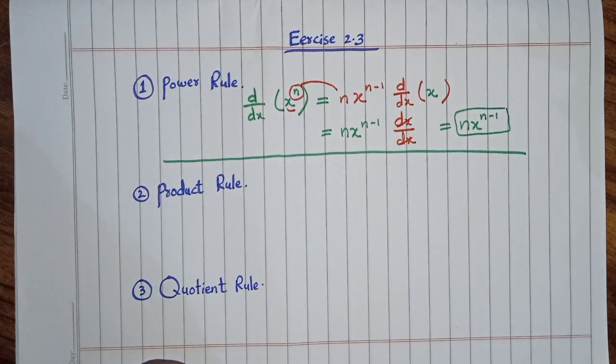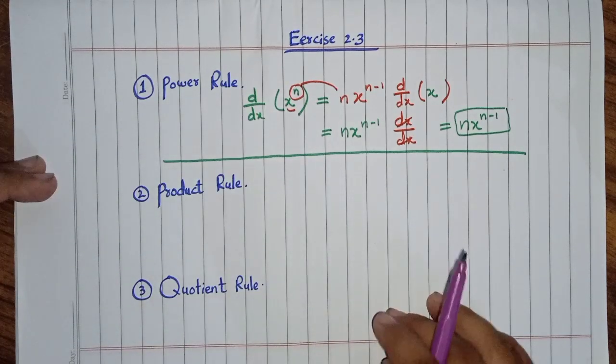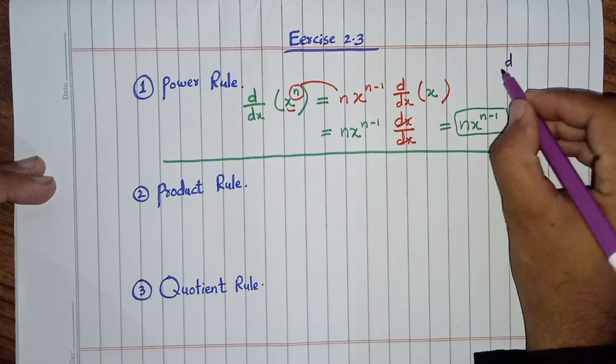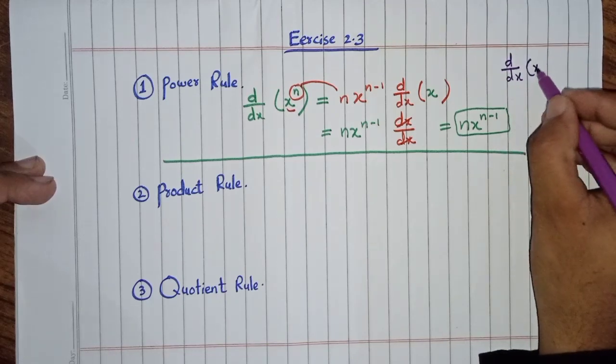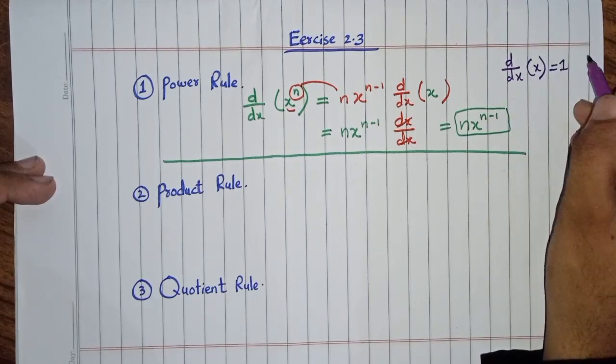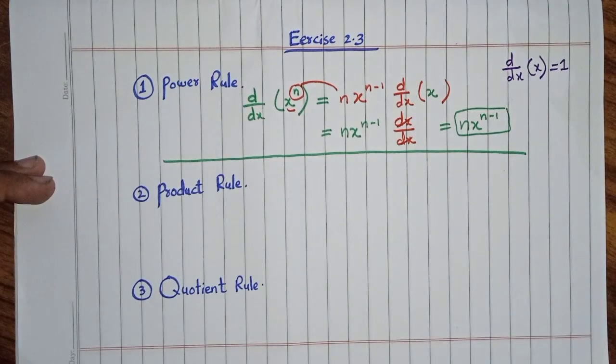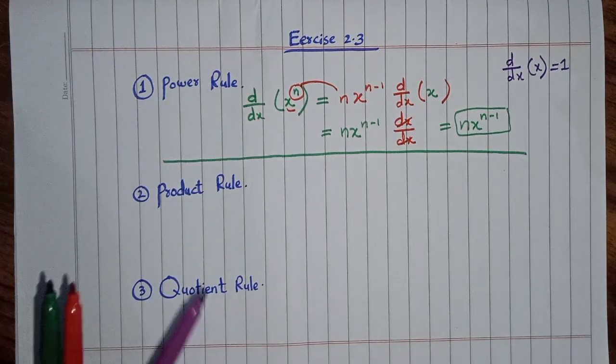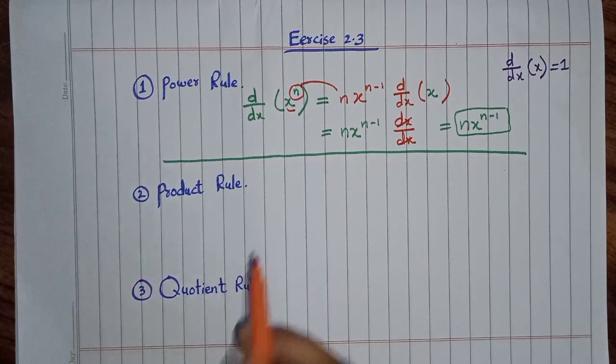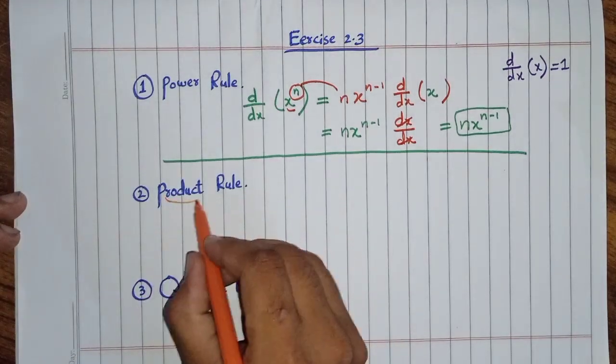Second is product rule. Remember that d over dx of variable x is equal to 1, so the derivative of x is equal to 1. Similarly there is product rule. What is product rule? Product means multiplication.